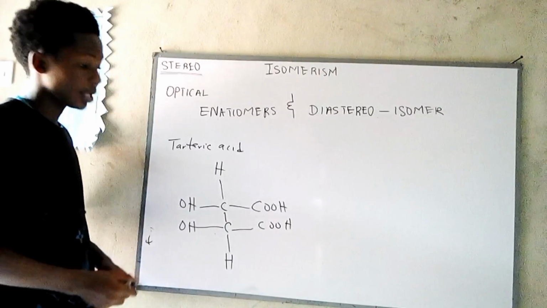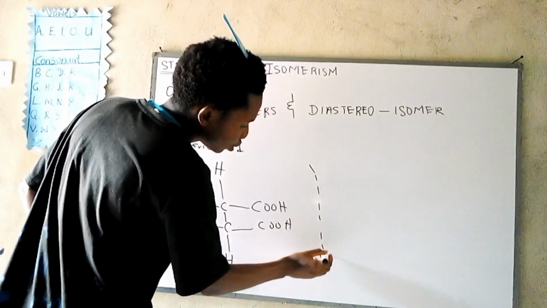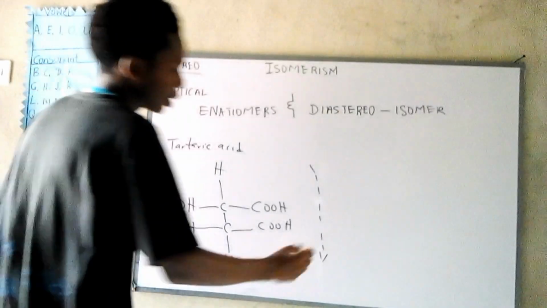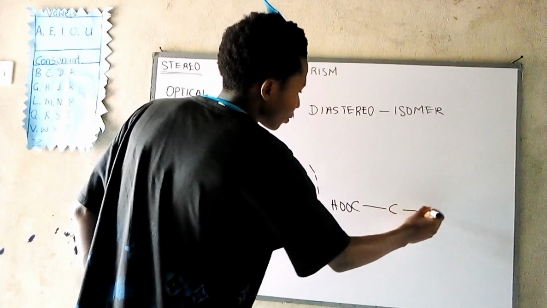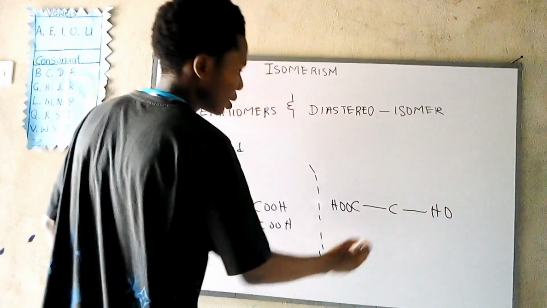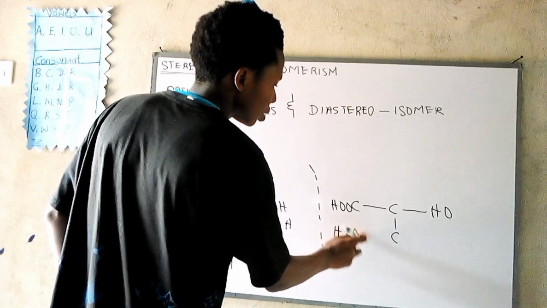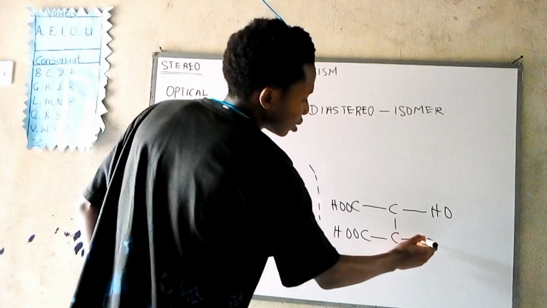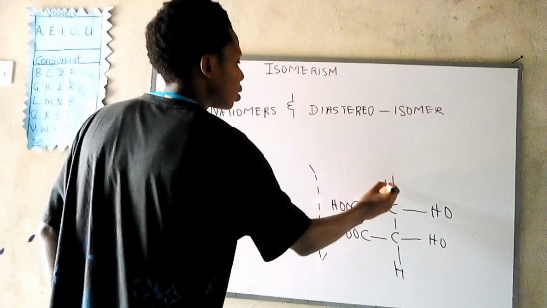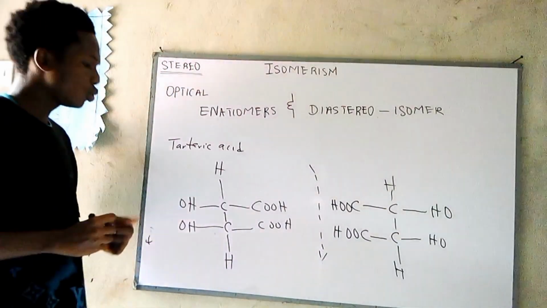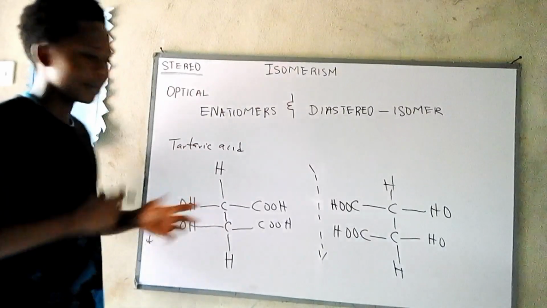So do you get what I'm trying to say? I'm trying to say that this compound here called tartaric acid can produce a mirror image of itself. Okay, this is how the mirror image of itself is drawn. Okay, follow me. Now, due to this double chiral center, the rotation can be limited.